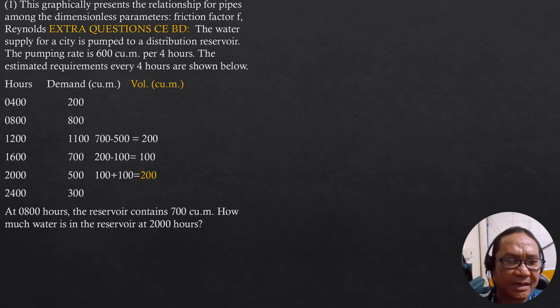So for the last problem, the water supply for a city is pumped to a distribution reservoir. The pumping rate is 600 cubic meters per 4 hours. The estimated requirements every 4 hours are shown below. So we have here the hours.